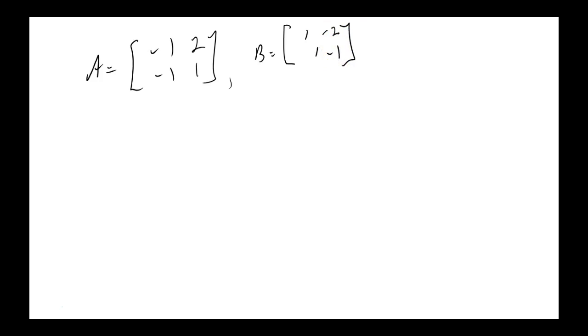Two matrices. All right. Now, I think what they're asking us to do here is see if these two matrices are inverses of each other. So let's do A times B and see what we get. Can we do it? Sure, because they're both 2 by 2, so the answer is going to be a 2 by 2.